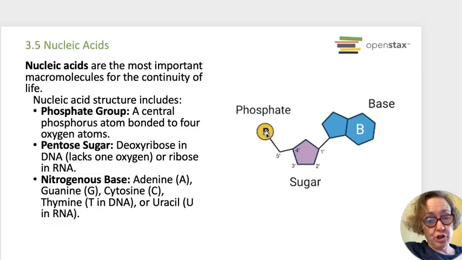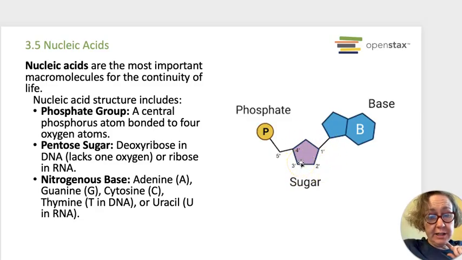Then a pentose sugar, a 5-carbon sugar, taking it back to organic chemistry. Now, deoxy, D, has 2 oxygens, while ribose just has 1 oxygen. So deoxy is in DNA, and just regular ribose is in RNA, with 1 oxygen. And that is on this sugar molecule where the oxygen is.